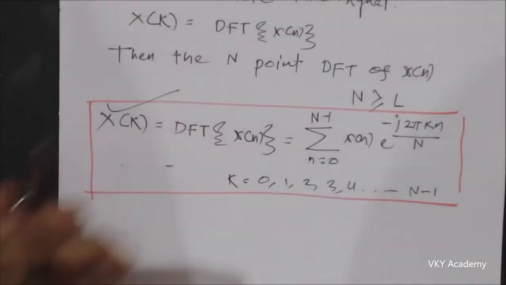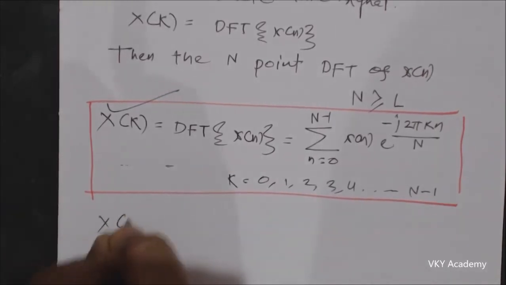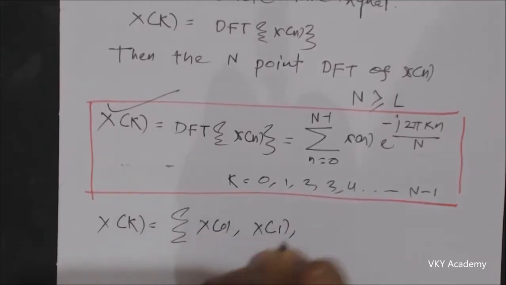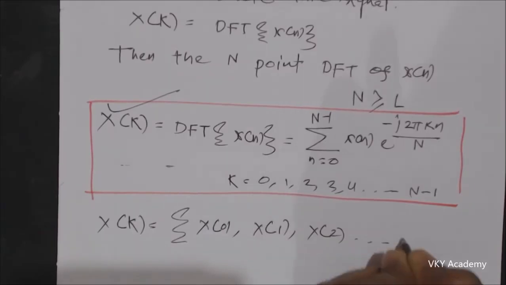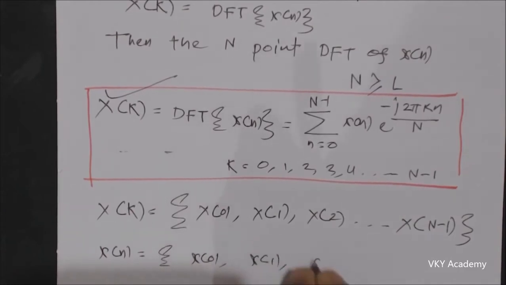Now this X of k is a sequence consisting of N complex numbers for k is equal to 0, 1, 2, 3, 4 up to capital N minus 1, and the DFT of x of n can be expressed as a sequence capital X of k is equal to capital X of 0, capital X of 1, capital X of 2 up to capital X of N minus 1, where the time domain sequence x of n is small x of 0, small x of 1, small x of 2 up to small x of N minus 1.